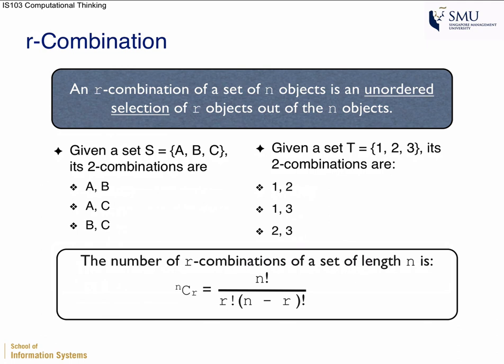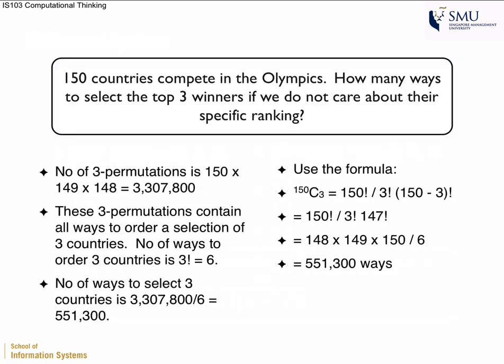The difference is that this has another division by r factorial. The reason is that once we are given a particular permutation of objects, any permutation of that set will give us the same combination. So we can divide by r factorial. This is going to be clearer through an example in the next slide.